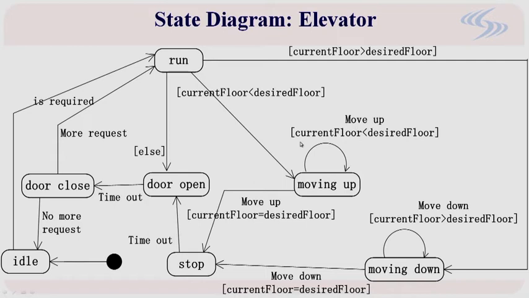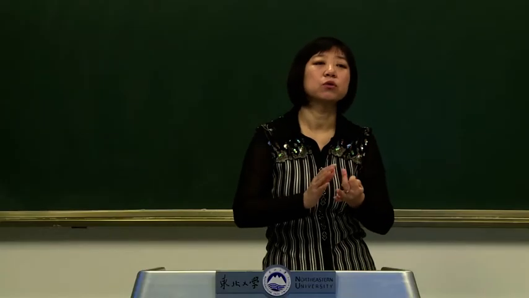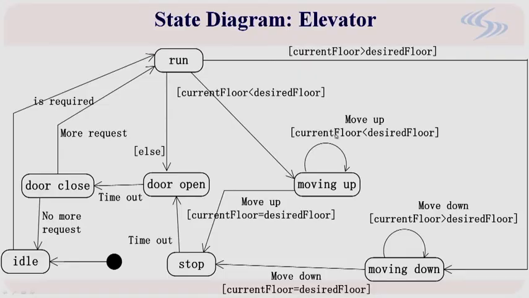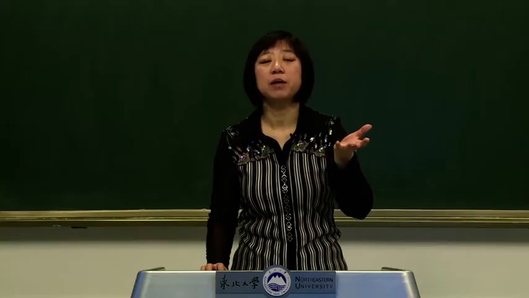And then the current floor may change from 1 to 2 to 3 to 4 and so on. 2 is smaller than 7, 3 is smaller than 7, 4 is less than 7, and 5, 6. So this condition is satisfied until the current floor is 7, which means the elevator will keep moving up.